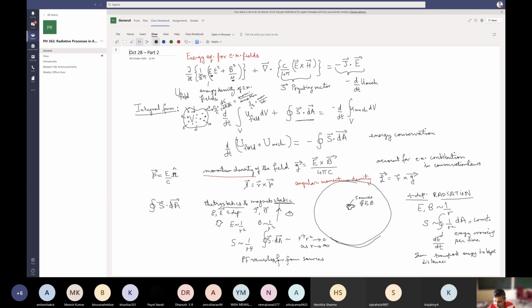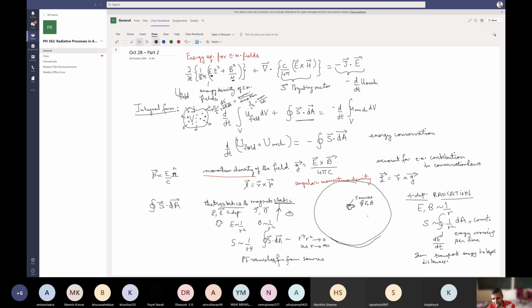So that's why the radiation is really one of the most important aspects of E&M: the ability for electric and magnetic fields to carry energy to large distances. Most of the energy is actually stored in this volume, and there's a negligible amount crossing in statics.